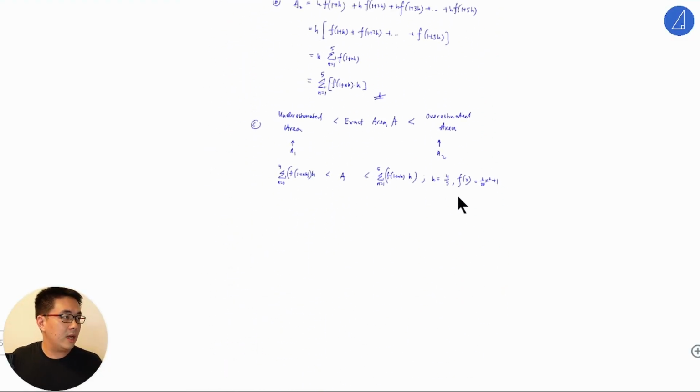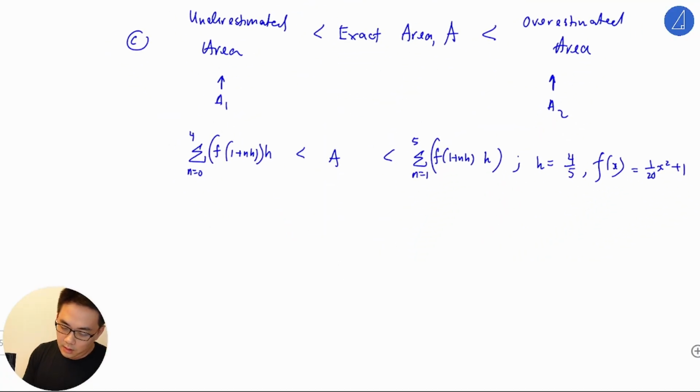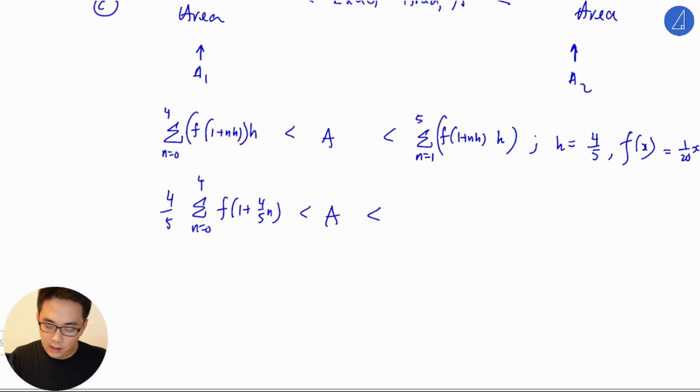So once done already, what am I supposed to do? Then I just chuck in all the values, and then life is good. This is 4/5, n equals 0 for f(1 plus 4/5 n). Key in calculator, do you know how to key in calculator?